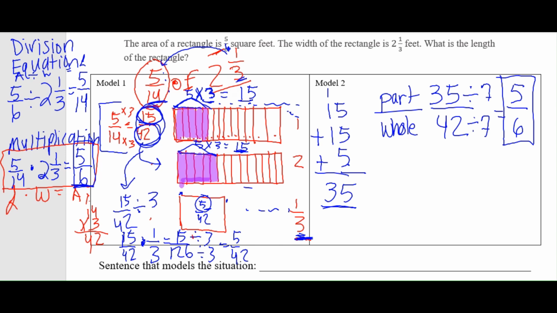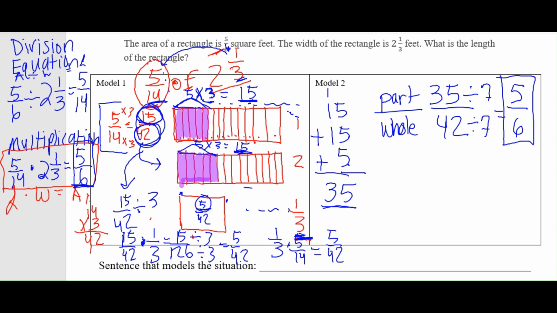And then we got 15 from the first whole, 15 from the second whole, and then from the last one, we had to figure out what is 1/3 of 5/14, and that's how we ended up with 5 out of the 42.